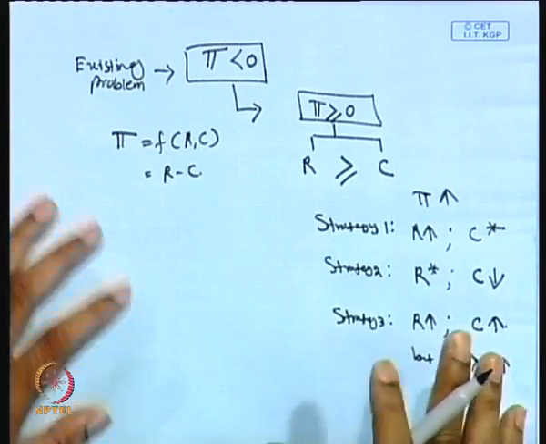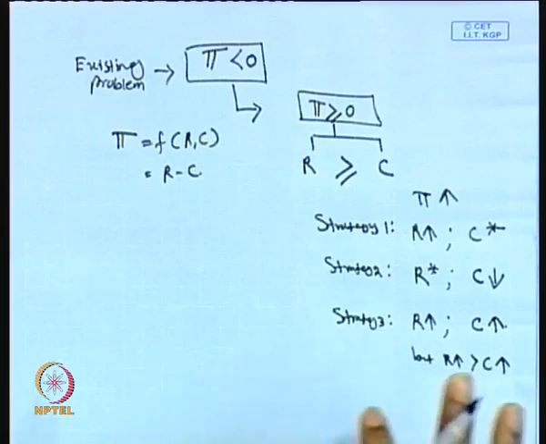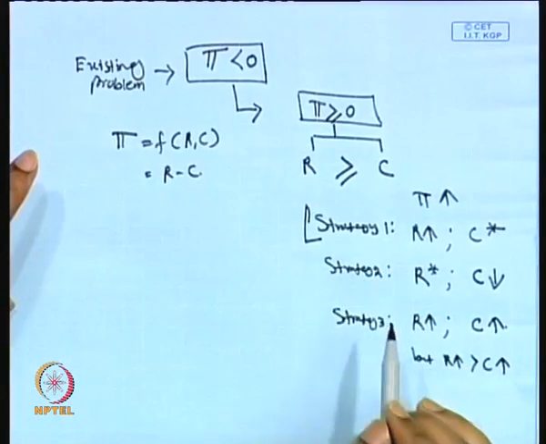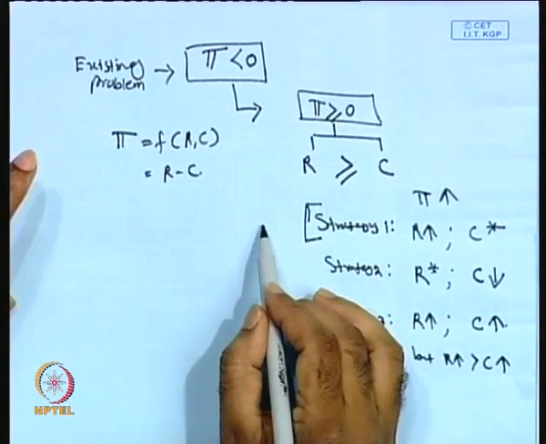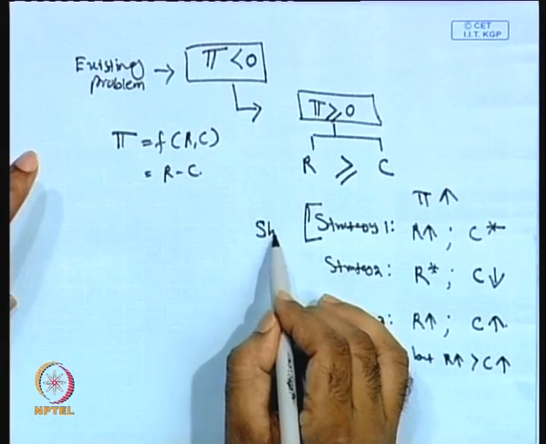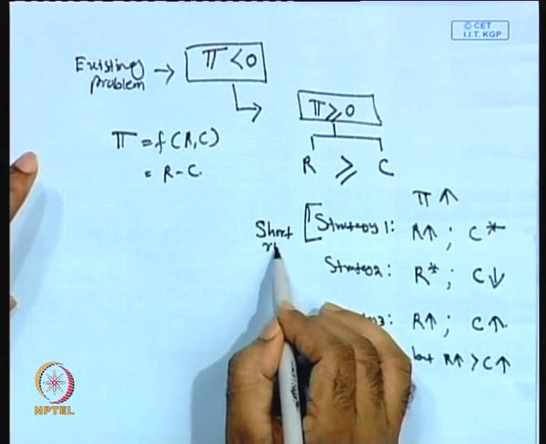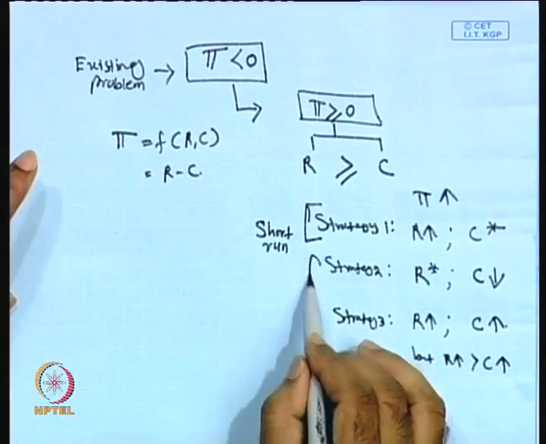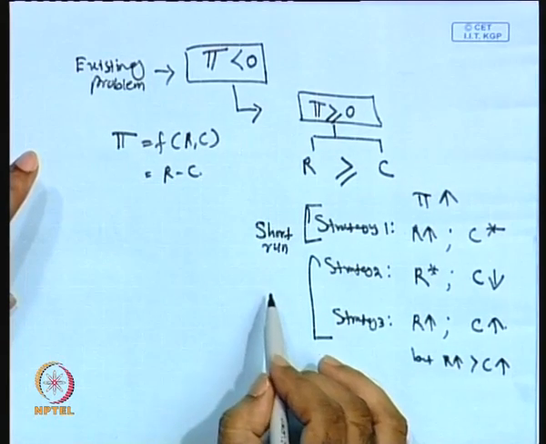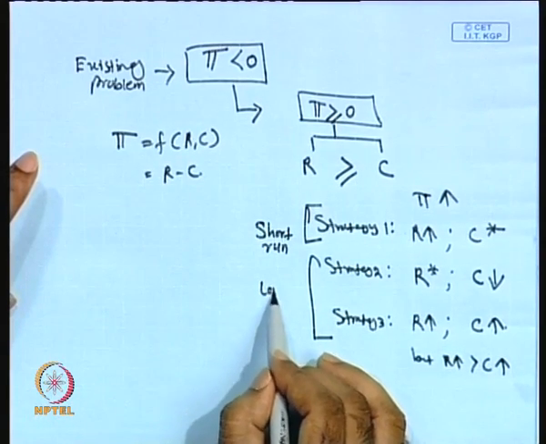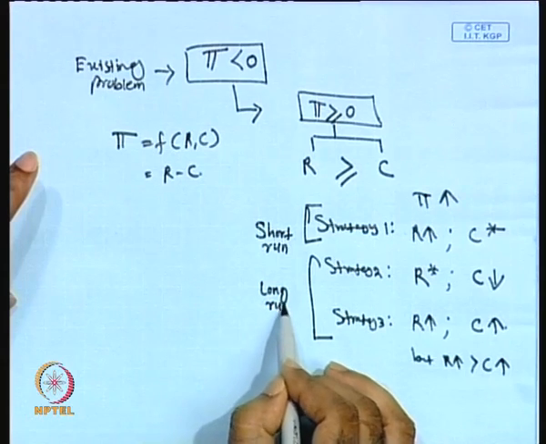So, we have three different strategies altogether to transform this loss making unit to a profit making unit. The first strategy is very effective in the short run, but strategy 3 is the long run impact.